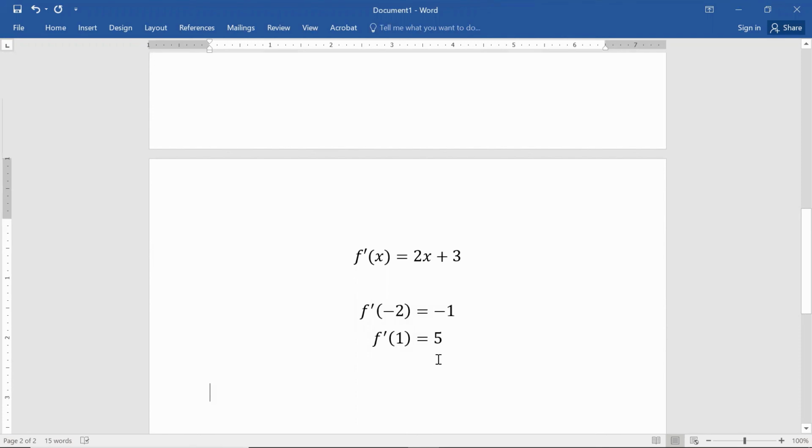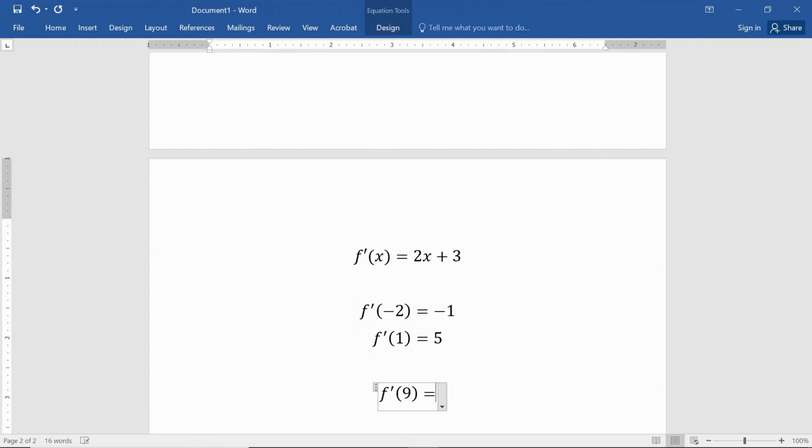And you can also do this for any other number. If I said, what's the derivative of f when x is 9, I can just plug 9 into this. So 2 times 9 plus 3 is 21.